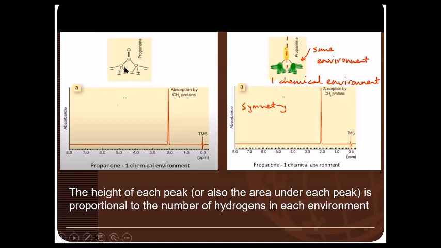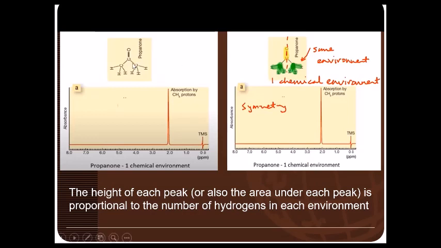If I run a sample of propanone through the NMR machine, let's say this is what we get from the machine. We get 1 peak. So that means we have 1 chemical environment. I'm not looking at the TMS, that's the standard. So I got 1 chemical environment, 1 peak, for the protons or hydrogens.